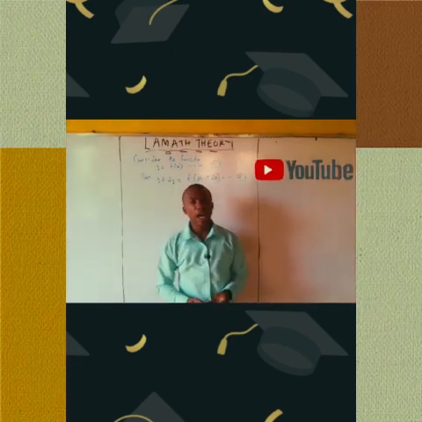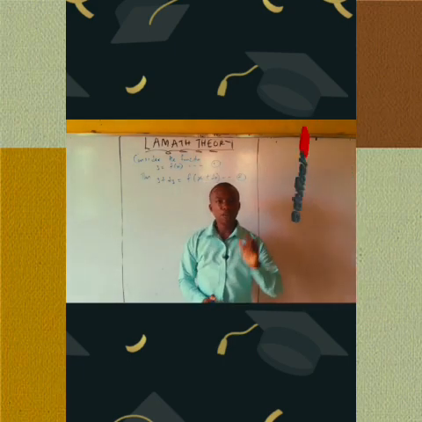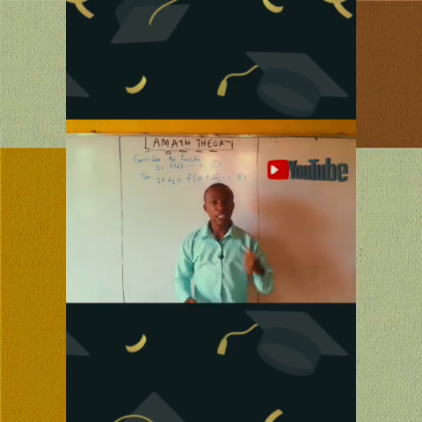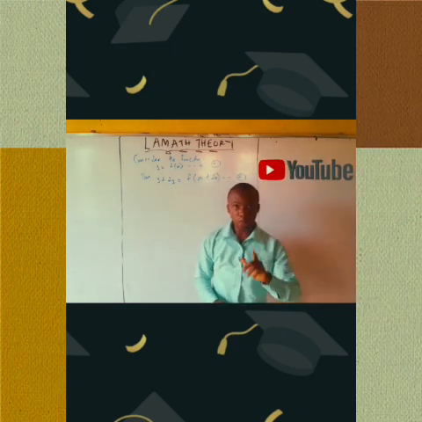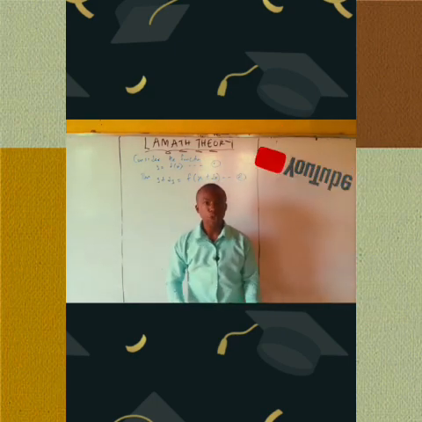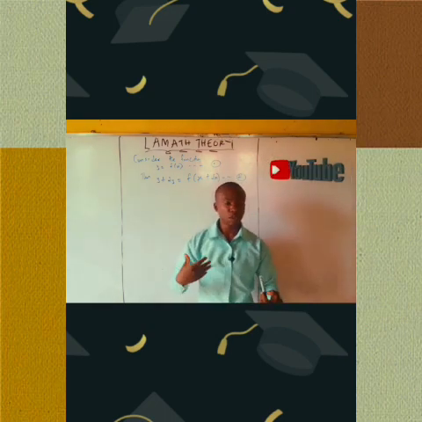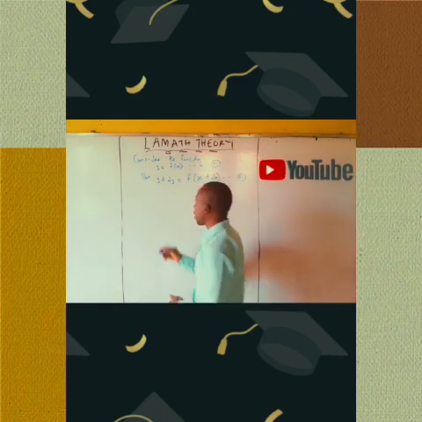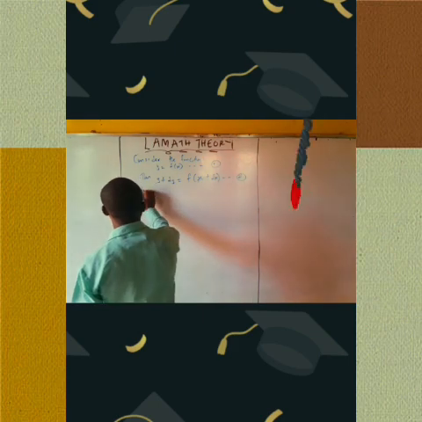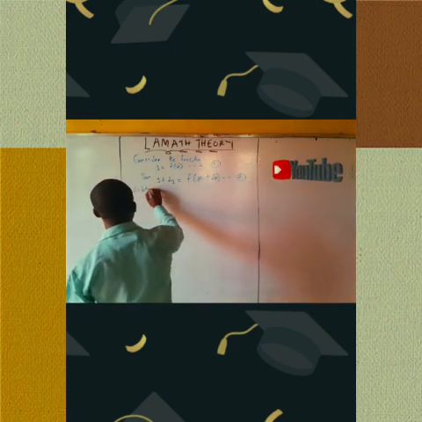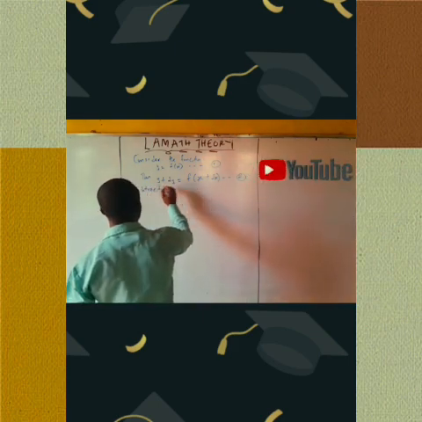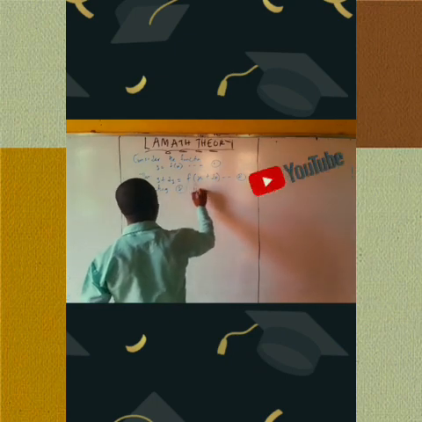Now, if you remember, under simultaneous equations we have the elimination method. So we are going to apply that here. We are going to subtract equation 1 from equation 2.